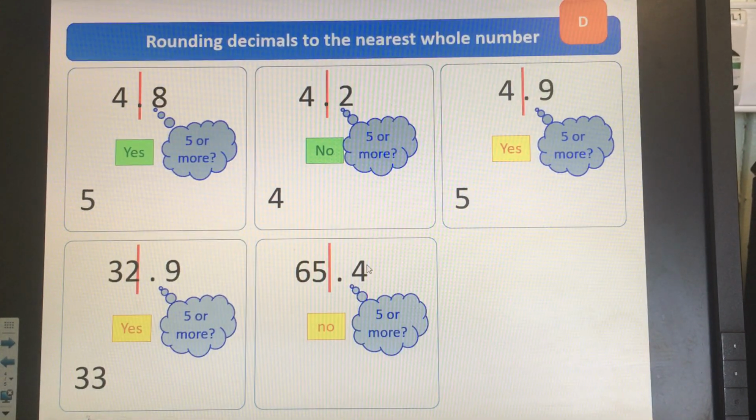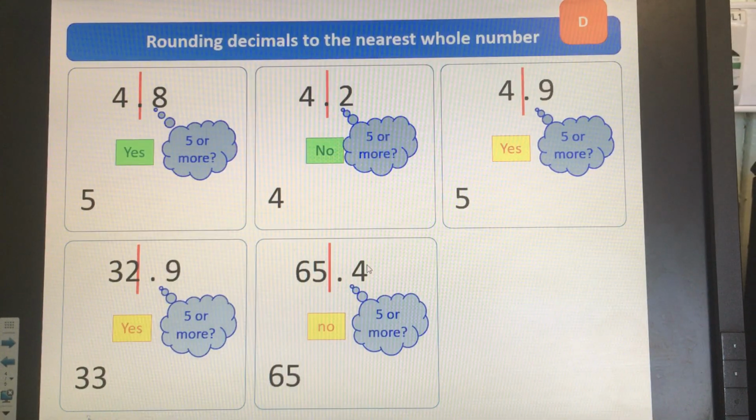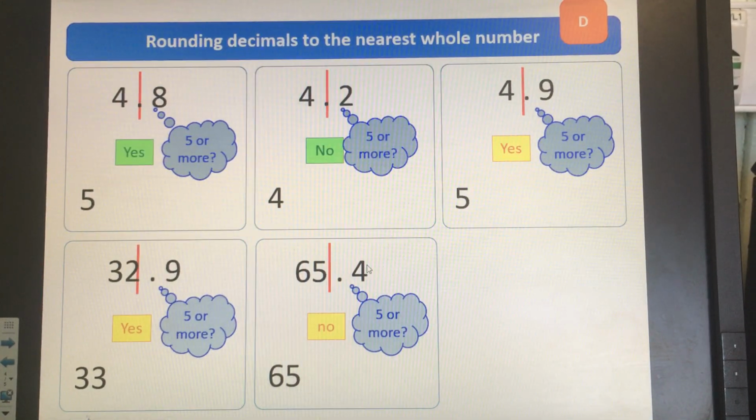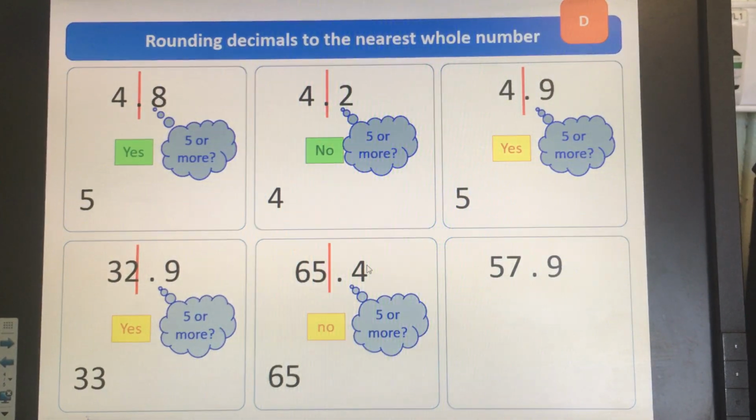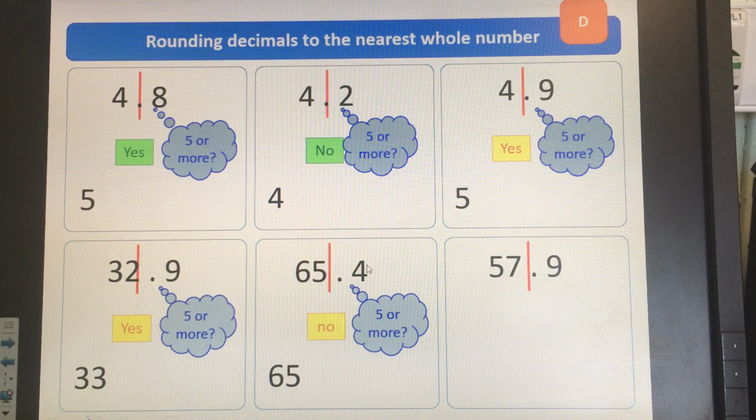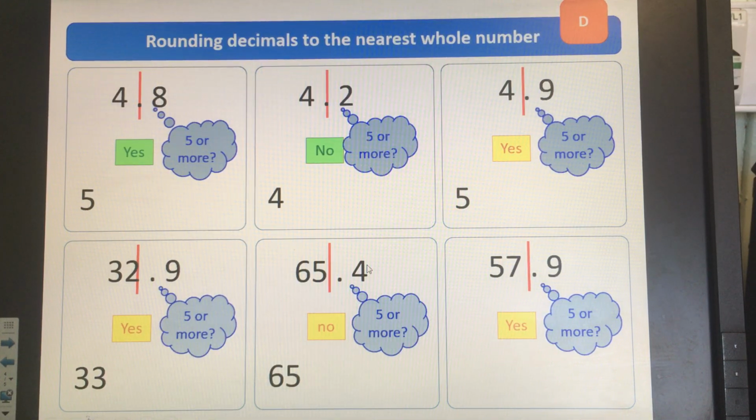No. So we round down to 65. The final question, 57.9. Still looking at that tenths column. Is it 5 or more? Yes. So we round up to 58.